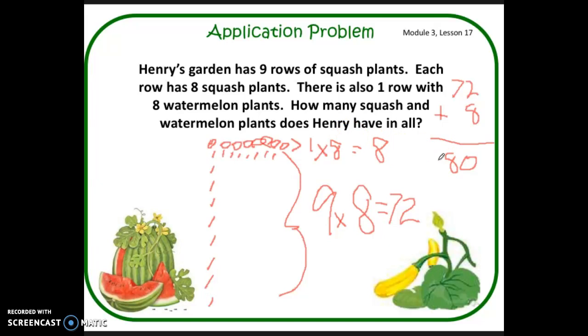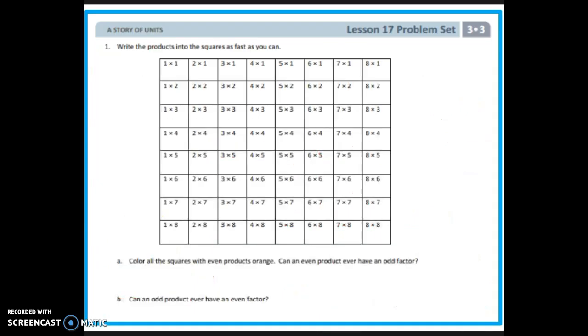All right, go ahead and erase your whiteboard and take out your Lesson 17 problem set. When your name is on it and you're ready to go, you should also have a crayon with you. It asks for orange. It doesn't matter to me which color you use as long as it's light enough that you can still see the numbers.